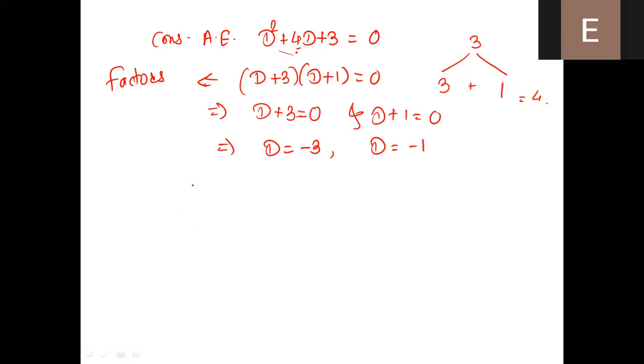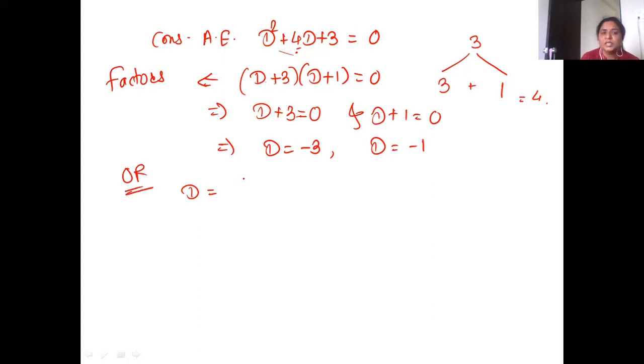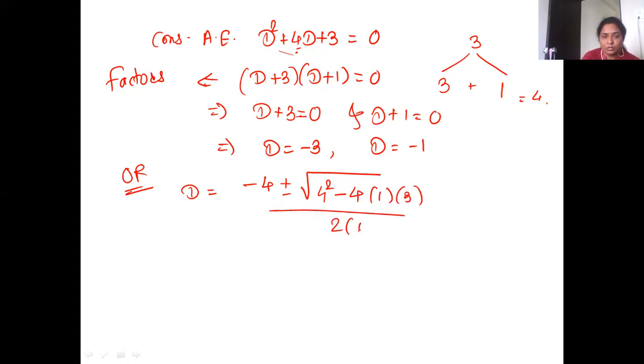Or we can also use the formula: d is minus b plus minus root b square minus 4ac upon 2a. Solve it: minus 4 plus minus root 16 minus 12, root 4, by 2.